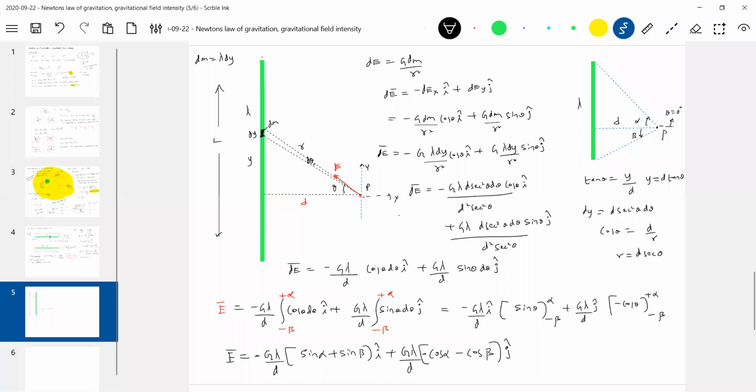So if you can remember this, you'll be in a better position so that you can solve any numericals comfortably. This is E bar, the field due to a finite rod.